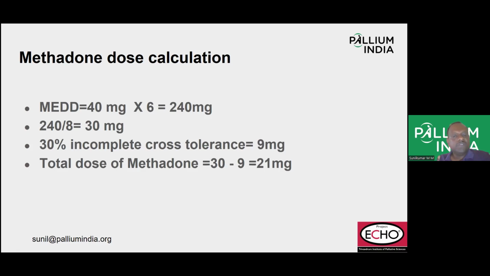So you will not give the full dose of methadone that you have calculated. You will reduce it by 30%. That is incomplete cross tolerance. So you reduce 30% of 30 milligram, which is 9 milligram. You reduce 9 milligram from the total dose, which comes to 21 milligram. So this is the total dose of methadone that you need to give to the patient.